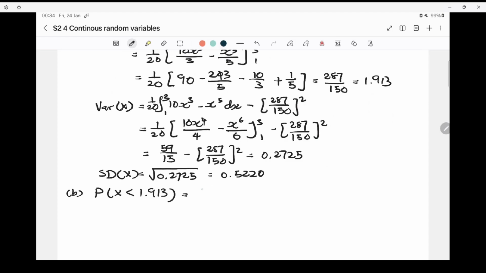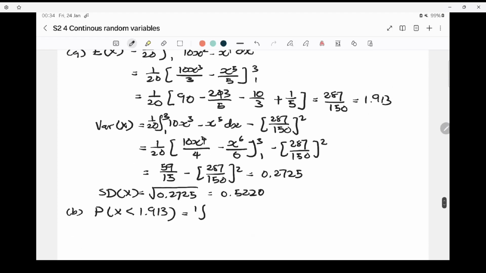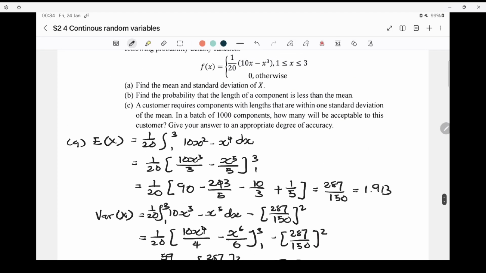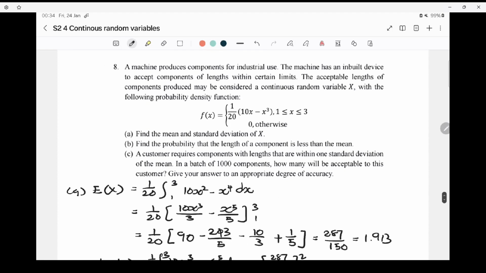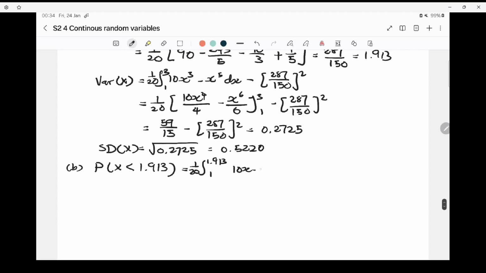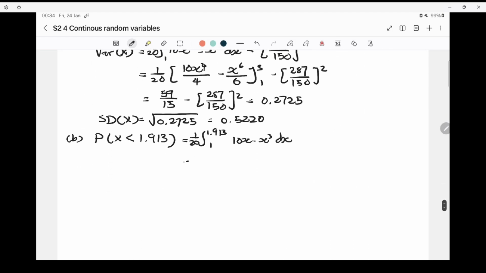So what you will need to do is to integrate, so let's write down 1 over 20, from 1 to 1.913, 10x minus x cubed dx. So 10x squared divided by 2, you'll get 5x squared minus x to the power 4 over 4.